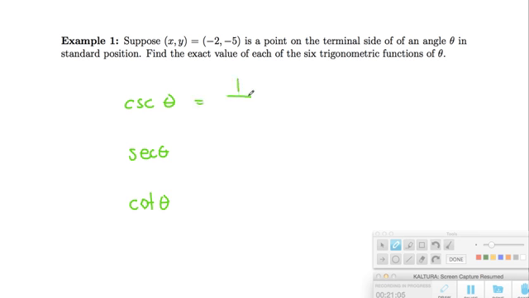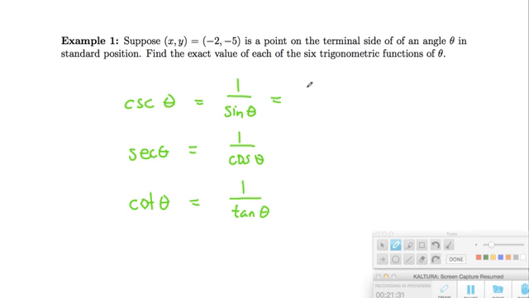Now remember, cosecant is the one that's 1 over sine. Secant is 1 over cosine. And cotangent is 1 over tangent. And remember that the sine, before we rationalize the denominator, was 5 over square root of 29.